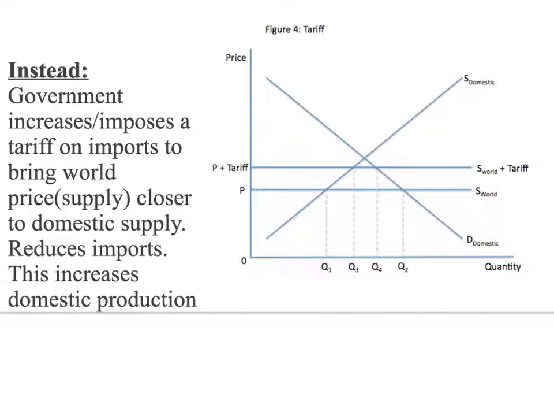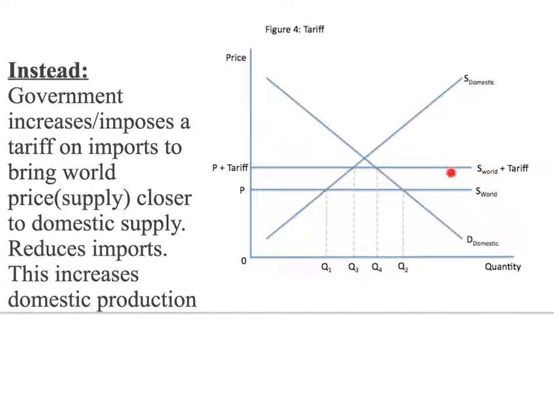Now our tariff graph is just simply going to raise the world price. So we have our original graph if we just include this world price of imports. The country would originally have to import the difference between Q1 and Q2. A tariff is simply a tax on the world, not on the domestic producer, because they're in the country already, so there's no tax placed on non-imported goods, because tariffs are a tax on imported goods.